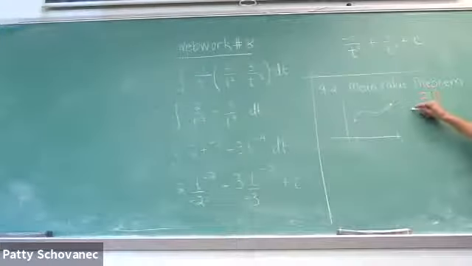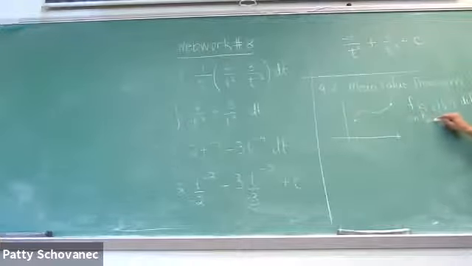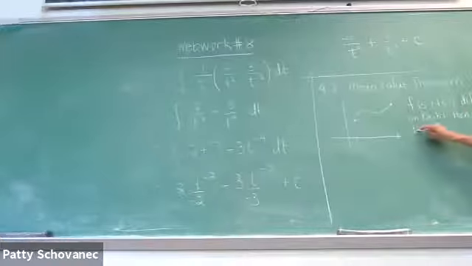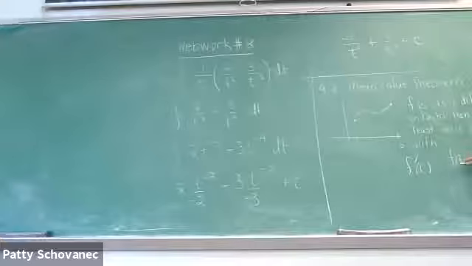So if f is continuous and differentiable on the interval from A to B, then there is at least one number C in AB with slope of the tangent line equal to the slope of the line through the endpoints.